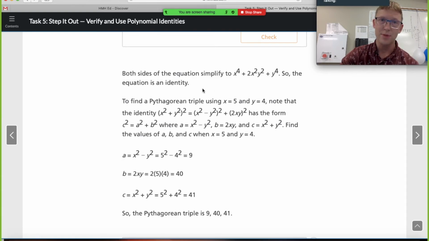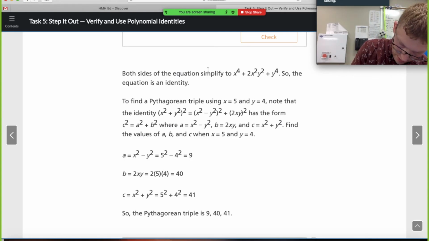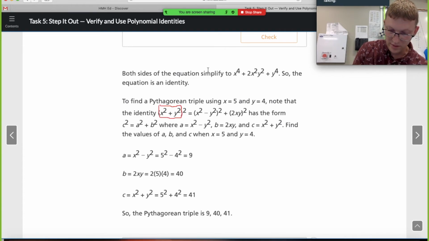So to find a Pythagorean triple using x equals 5, y equals 4, note that the identity, what we have, has the form c squared equals a squared plus b squared. So did you catch that? So if we look at this right here, it is that squared. So here's your c equals a squared.